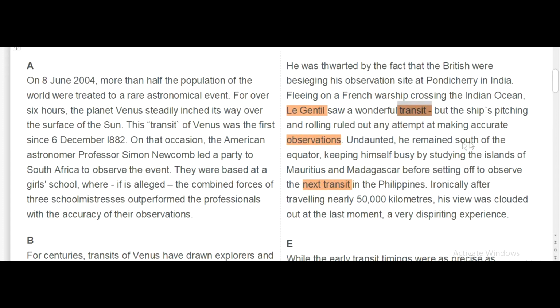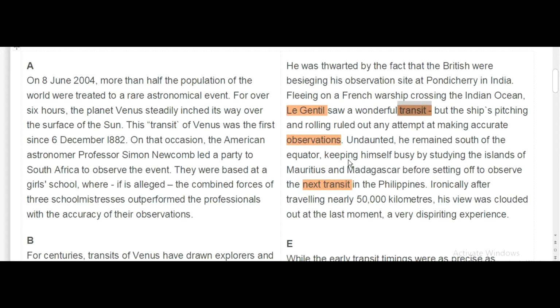Undaunted, he remained south of the equator, keeping himself busy studying the island of Mauritius before setting off to observe the next transit in the Philippines. So now it is talking about the next transit, perhaps the second transit. So we might find our answer somewhere around here.